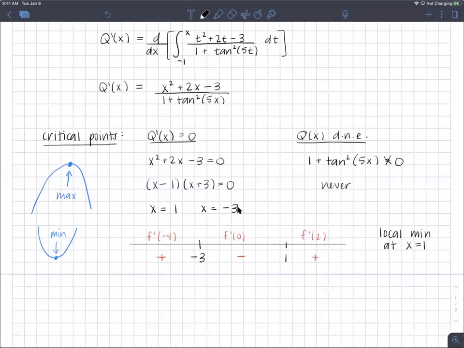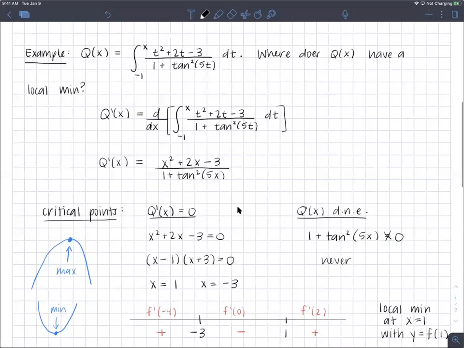But to answer that question, what you would do is find, so this has a local min at x equals 1, with y equaling f of 1, right? So you would plug 1 into your original equation, or up here.